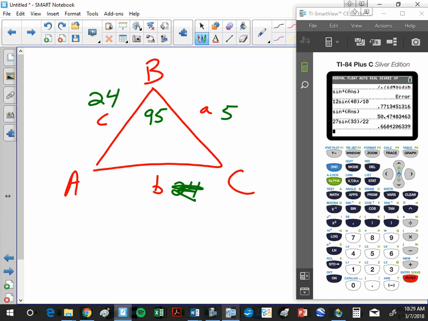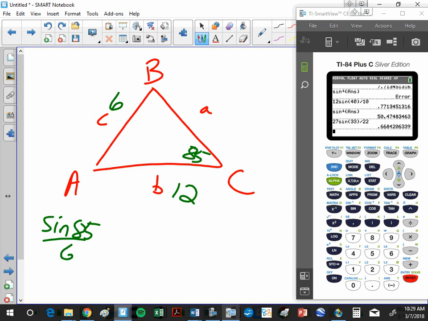I'm just going to write one. What if this is 85, 12, and 6? How many does this have? 0 or 2? So I write sine of 85 over 6 is equal to the sine of b over 12.